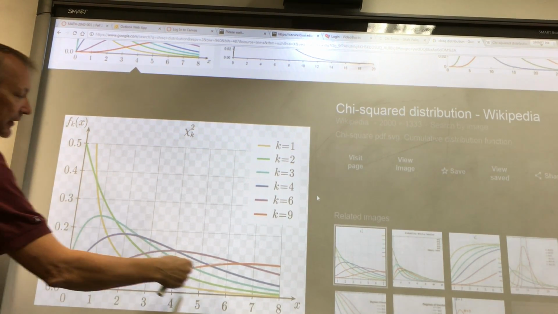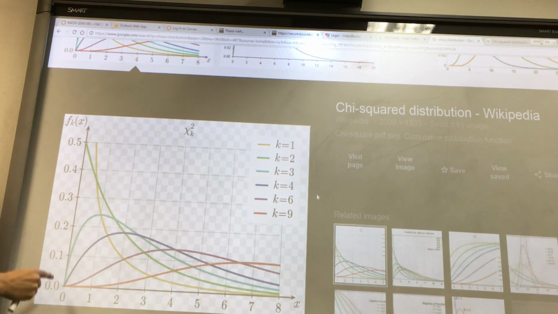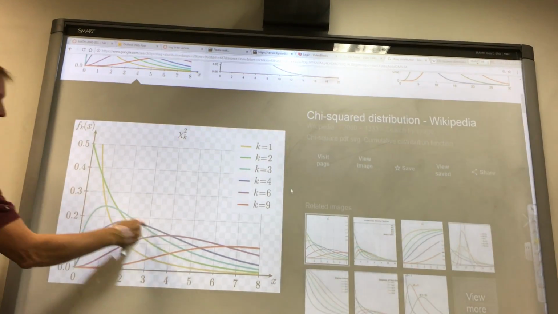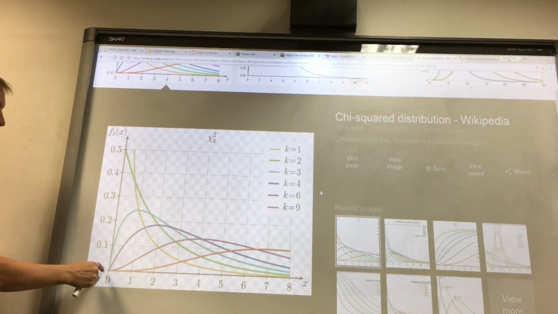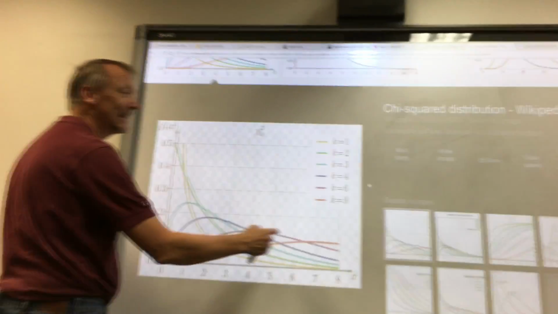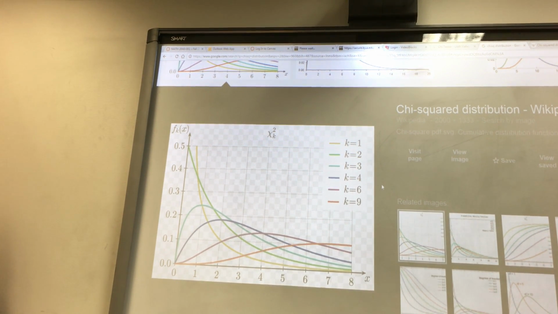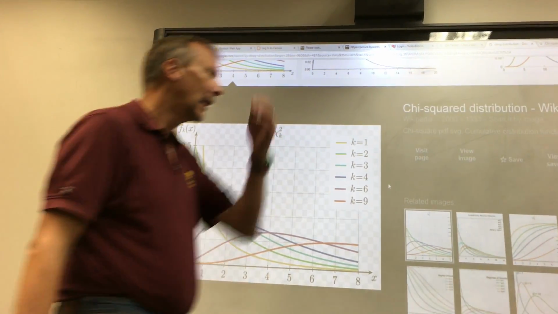It goes like that. For 3 degrees of freedom, it no longer starts at the top, it starts at the bottom. And it goes like that. 4 is the blue line, 6 is the purple line, 9 is the red line. It really changes, okay? It changes and it's not symmetric, okay?